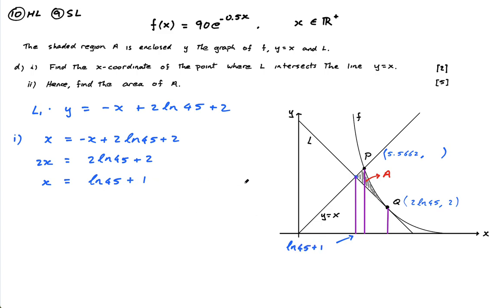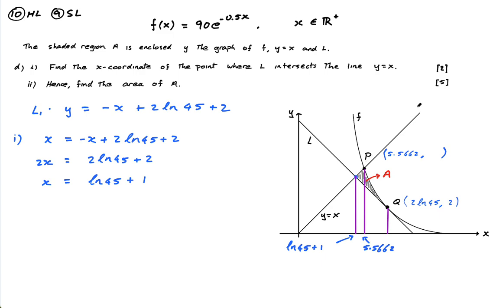You can get this to a decimal place if you want, but there's no need. This guy, P, is 5.5662. So these are the x coordinates, which are going to be important because they're going to be the limits in my integrals. I'll get to that in a second. And this guy's x coordinate is obviously just 2 ln 45.